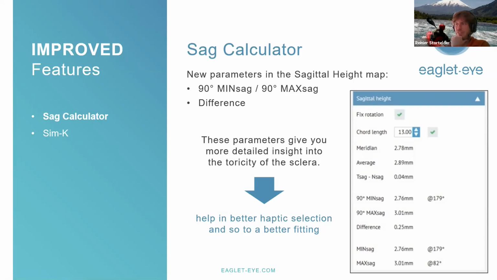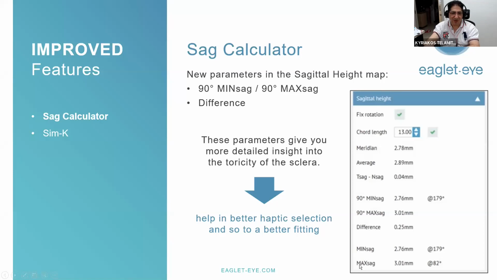Any questions about the SAC calculator? Yes, the 90-degree minimum SAC and 90-degree maximum SAC. What is the difference with the initial one, minimum SAC and maximum SAC? In relation to scleral lens fitting, I will only look at the 90-degree min sac, max sac. If you are a researcher more interested in the scleral shape, I will probably look at the values below, the real min sac and the real max sac.